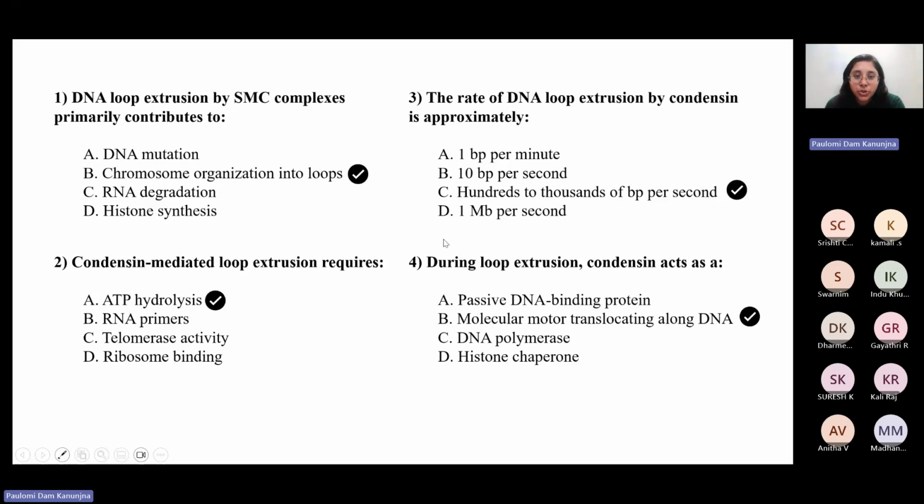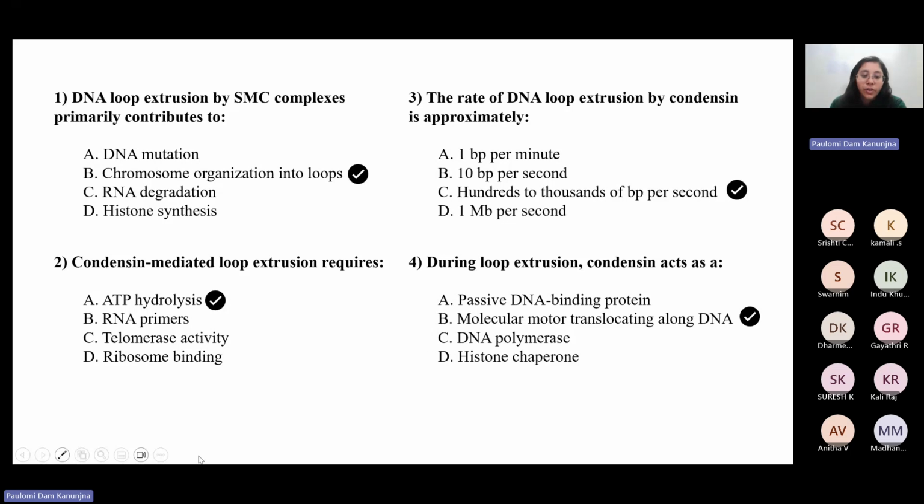And during loop extrusion, condensin acts as a molecular motor translocating along DNA, right? It is not a binding protein. It is definitely not a polymerase, and it's not a histone chaperone. It is working on moving the DNA along its way, so the correct answer here is a molecular motor.